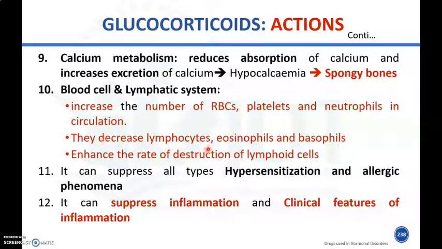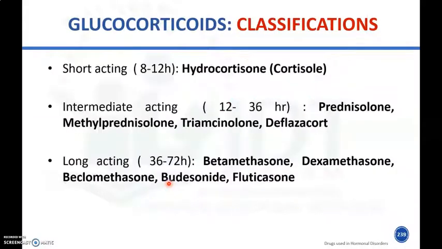They decrease the lymphocytes, eosinophils and basophils, and they enhance the rate of destruction of lymphoid cells. Glucocorticoids will suppress all types of hypersensitivity as well as allergic reaction, and also it can suppress the inflammation and clinical features of inflammation also. So by this action, the glucocorticosteroids or glucocorticoids and its analogs can be used as an anti-inflammatory drug.